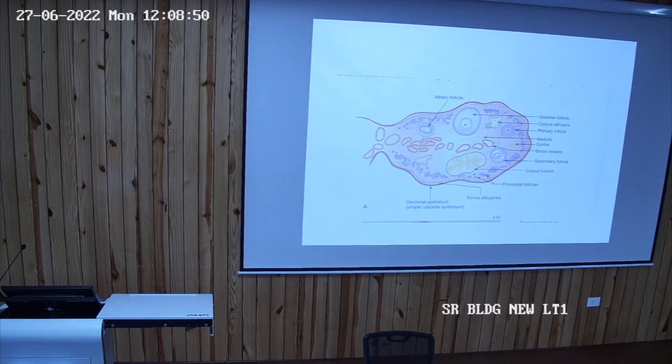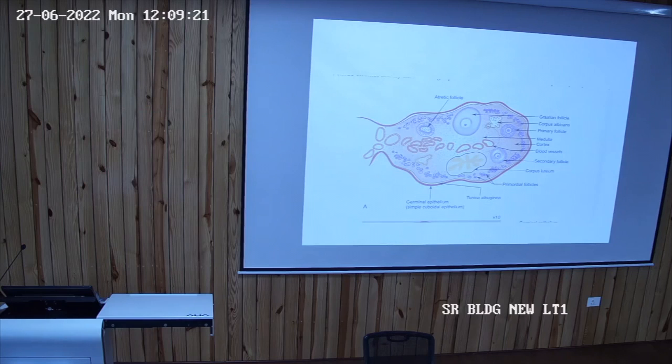In short, the cortex is the outer part containing the various developmental stages of follicles.